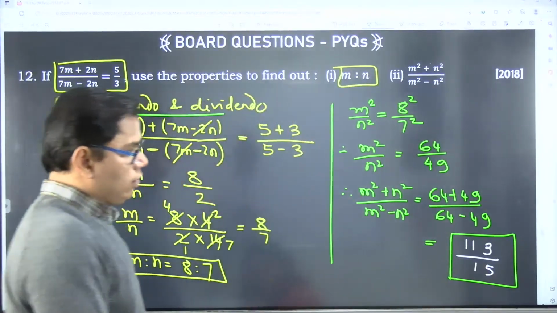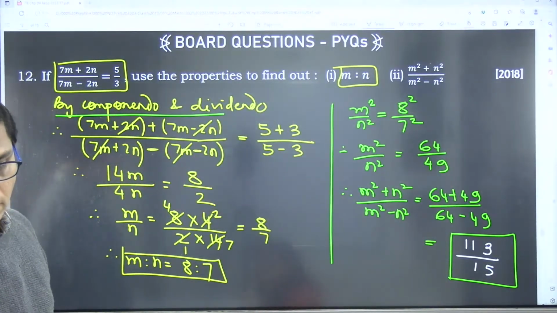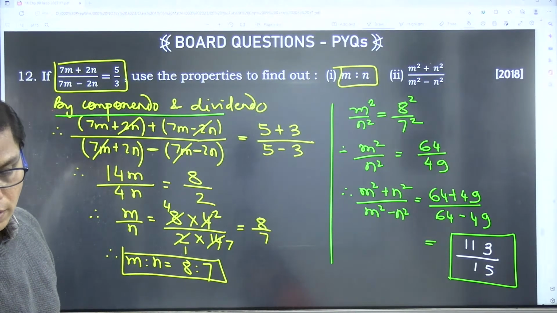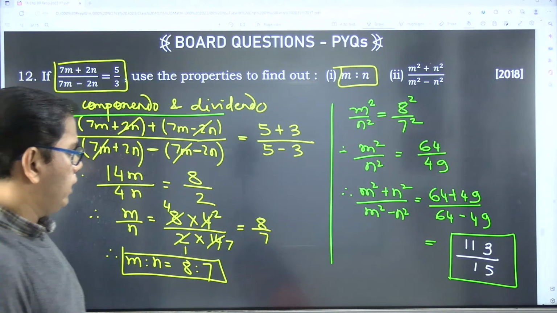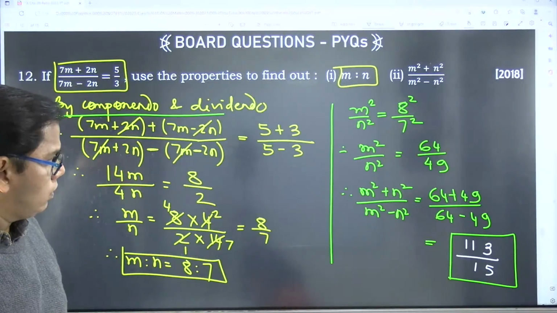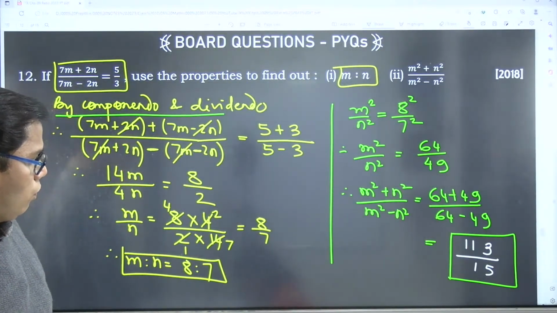Upon 15. 113 upon 15. Is it 14? How 14? No, not 14.